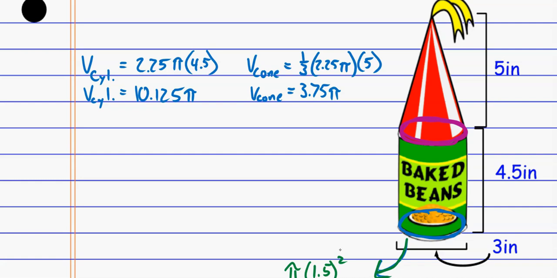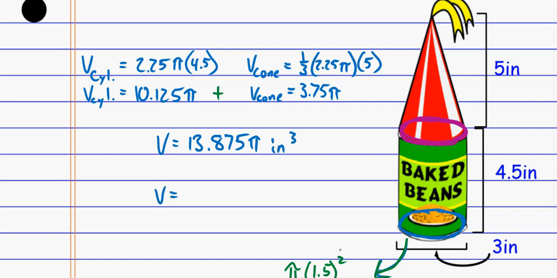And now if I want the overall volume of the whole thing, well, I just add those volumes together. If I add up these two volumes, since it's already in terms of pi, I can just leave it in terms of pi for right now. So my exact volume for this whole thing would be 13.875 pi. That's the exact value, and that's cubic inches.